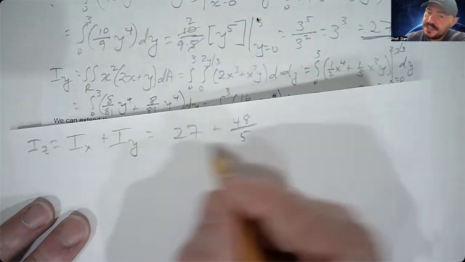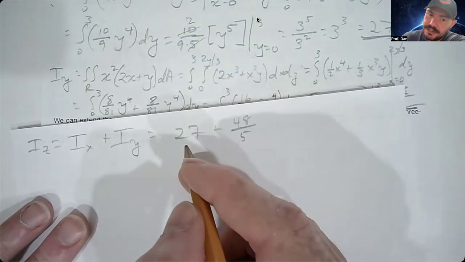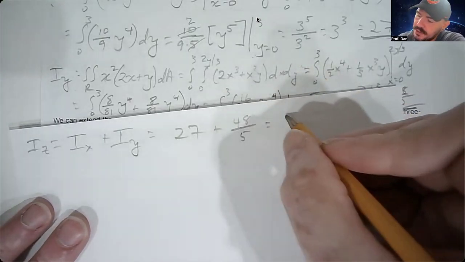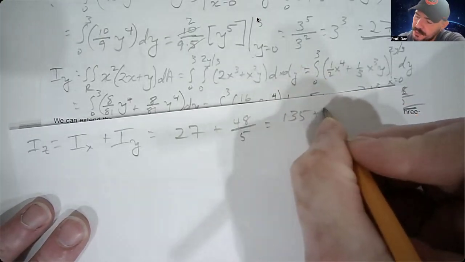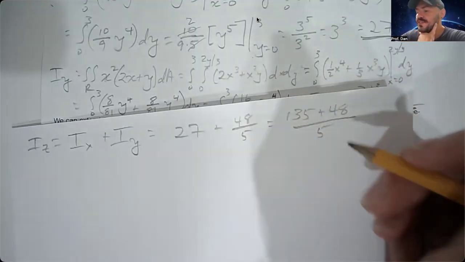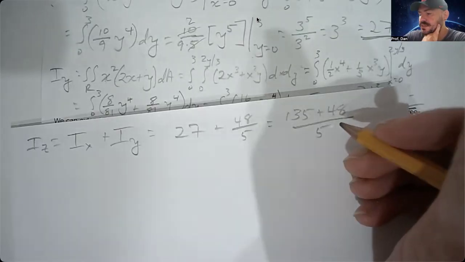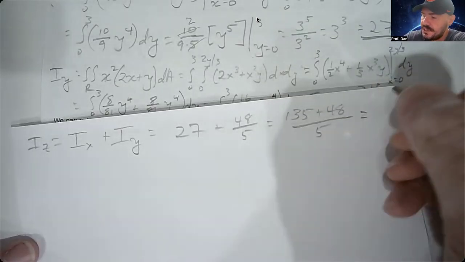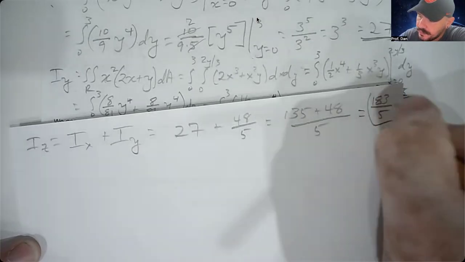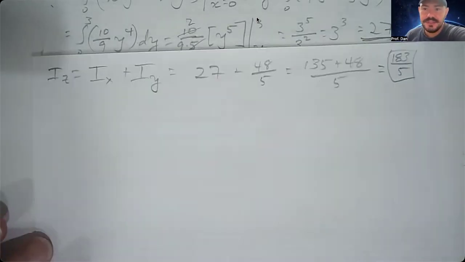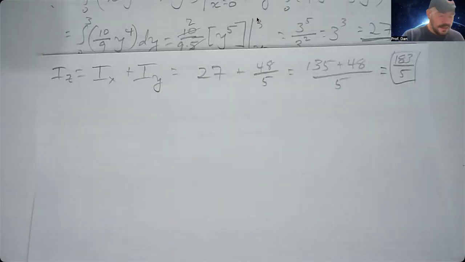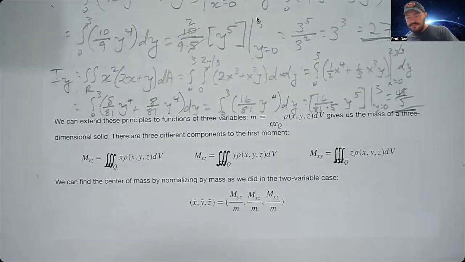If I multiply 27 by 5, I get 100 plus 35, so 135, plus 48, which will give me 183. So 183 over 5. And that is the polar moment of inertia. Lots of spring in that step. All right.